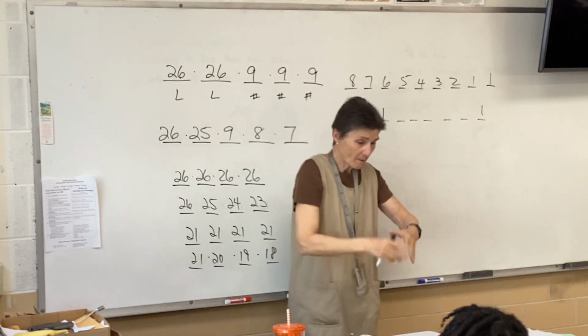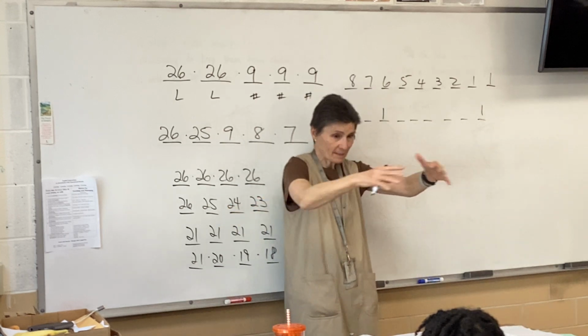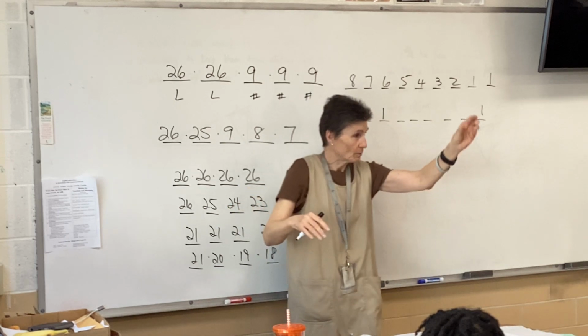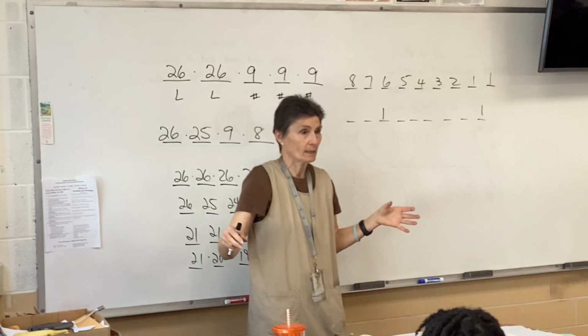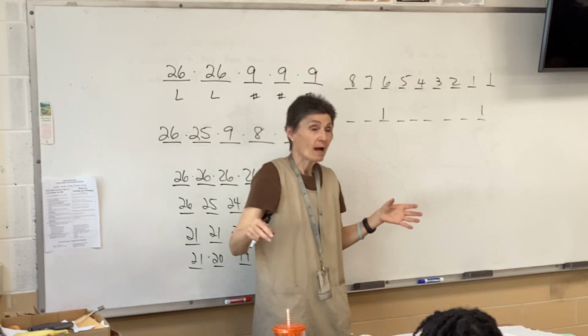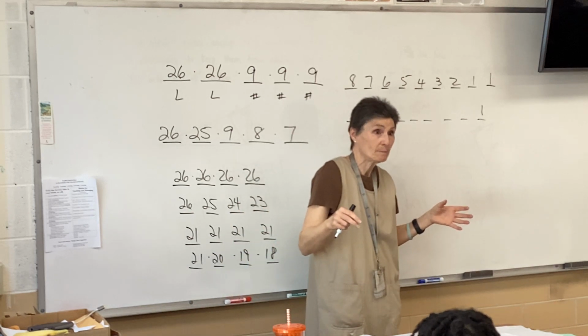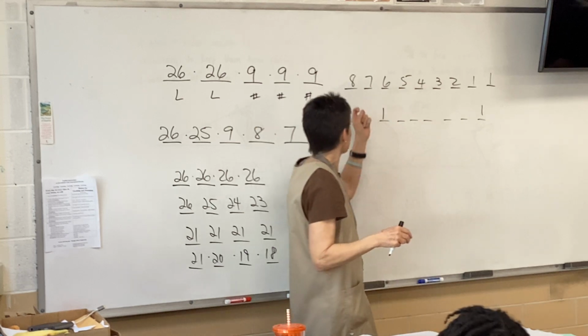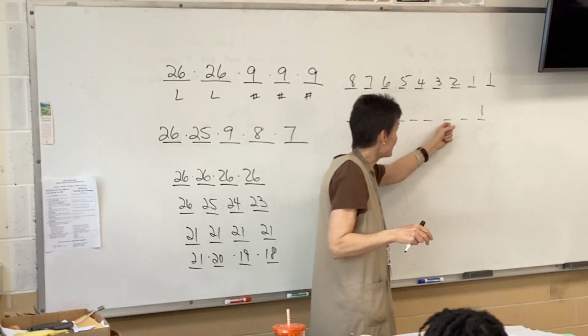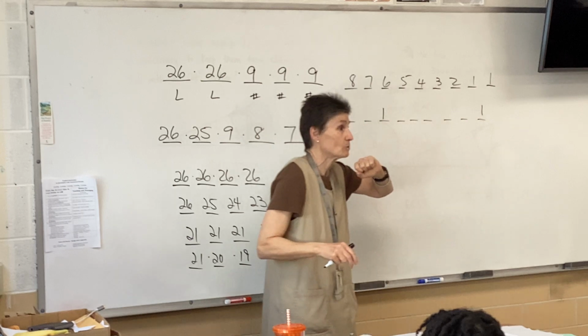Okay, so here's my batting order. I'm the coach, I'm lining my boys up here. And I put this guy here, and I put this guy here. How many guys are left to actually line up then? 7. How many ways can I line up 7 people? 7 factorial. 7, 6, 5, 4, 3, 2, 1. 7 factorial.